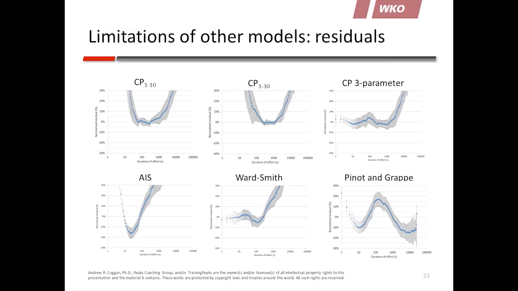The Ward-Smith model is similar to the 3-parameter model in terms of the residuals, but neither one does a very good job of fitting the curve out at later durations. And Pinot-Garape's is just using a mathematical smoothing function, you can see it's biased, and the residuals start high, go low, then they go high, then they go low again, and it looks like they're coming up again as well.